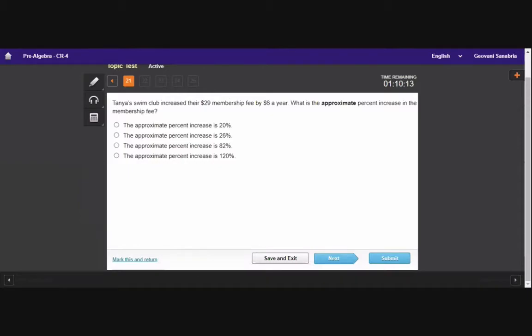All right, Tanya's Swim Club increased their $29 membership fee by $6 a year. What is the approximate percent increase? This is one of those easy ones. It would be the first one, 20%. You get 34.8. Yeah, me too. It'd be 35.